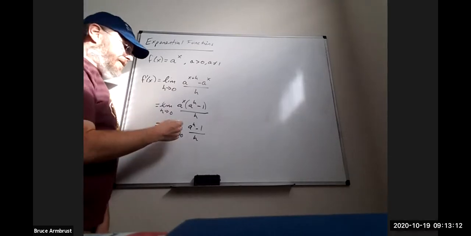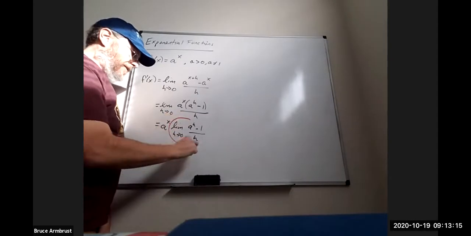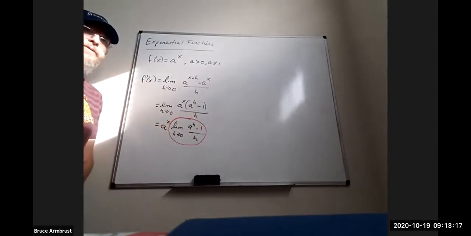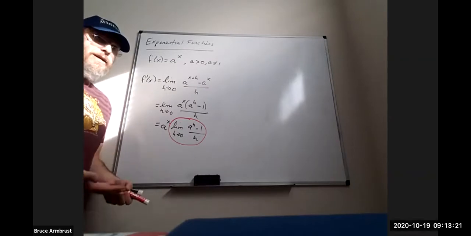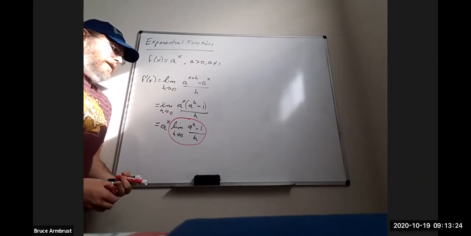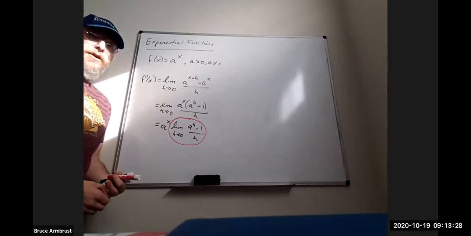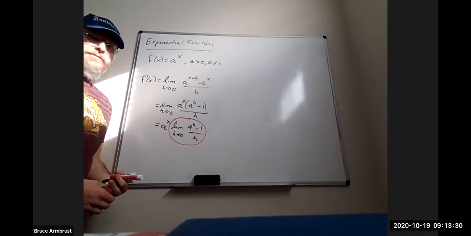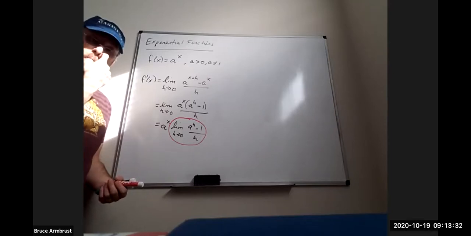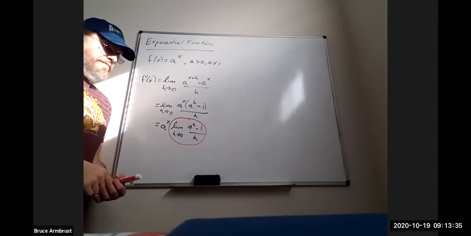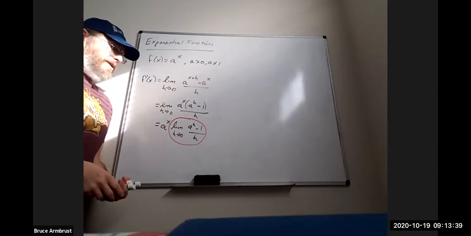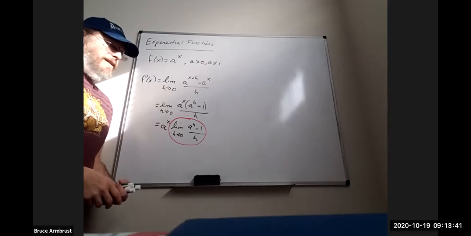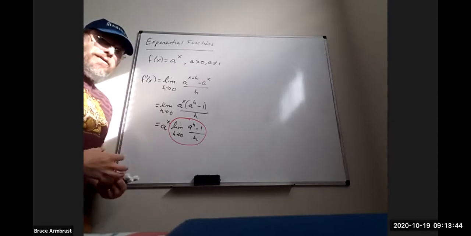But now the question is, what is that limit? What do we get when we take the limit as h goes to 0 of a to the h minus 1 over h? Okay, well, here's where we're going to help ourselves out a little bit by kind of going backwards.